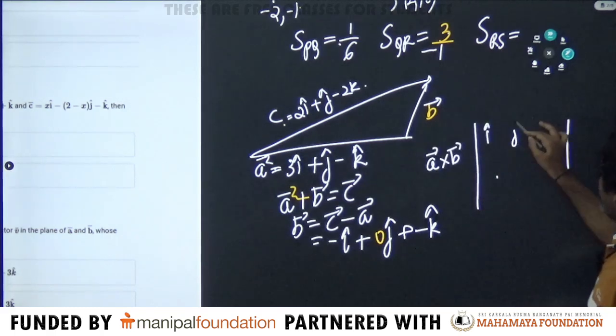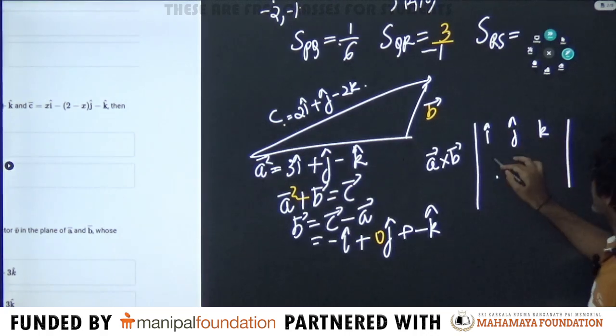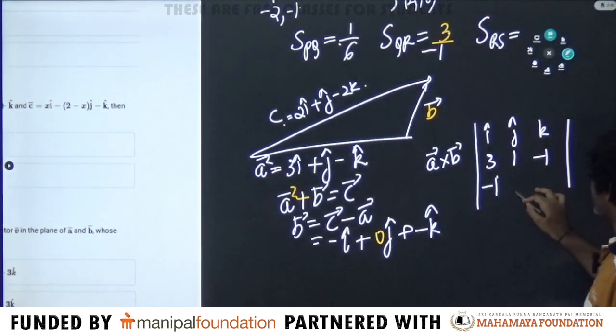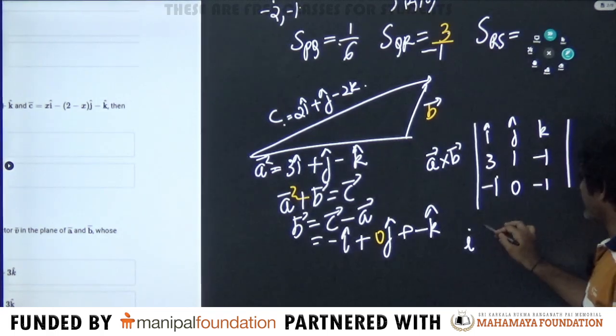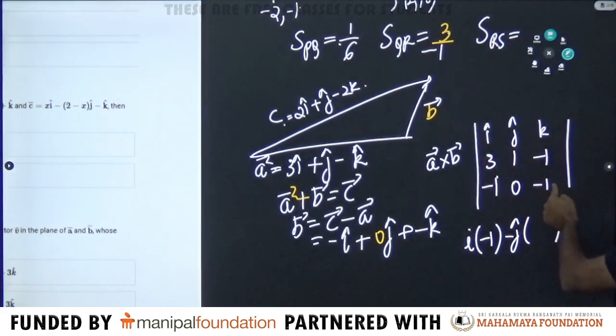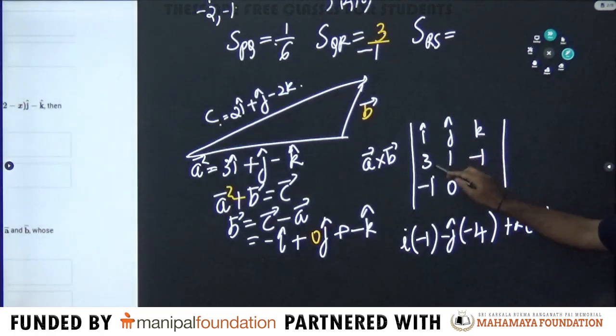Put i j k here, then 3 1 -1, and down -1 0 -1. So i into -1, minus j into, block this, isn't it, -3 minus 1, that is -4, plus k into 0 minus of -1, that is 1.